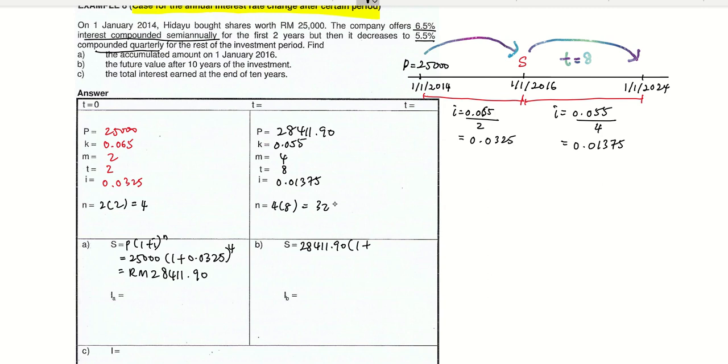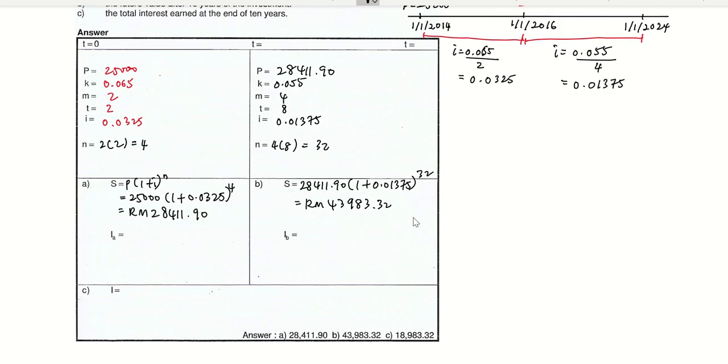The new interest here is 0.055 compounded quarterly, so i is 0.01375, power of n, where n is 32. So the future value after 10 years is 43,983.32.